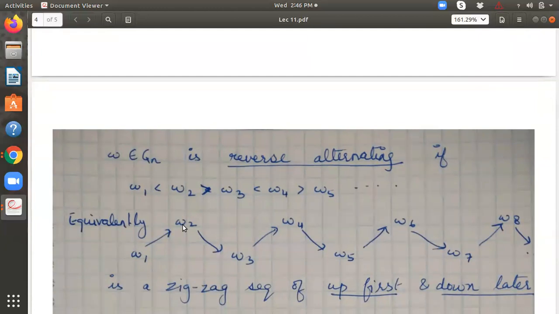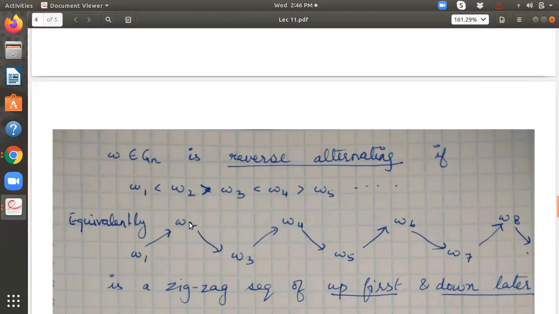Then W2 is bigger than W3, but minus W2 will be smaller than minus W3.